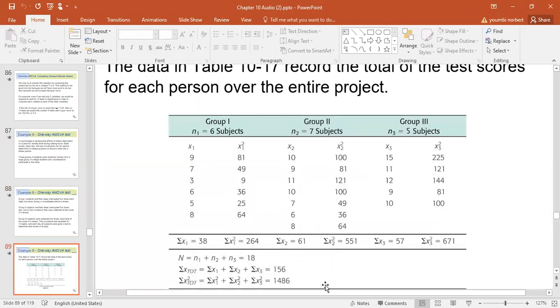Can you see all those numbers? We are going to need them either in the calculator or on Excel. I encourage you to use Excel because I want you to know something about Excel. We have used the calculator so much, and putting it in using a calculator is much easier.